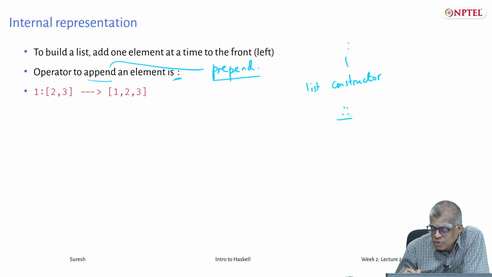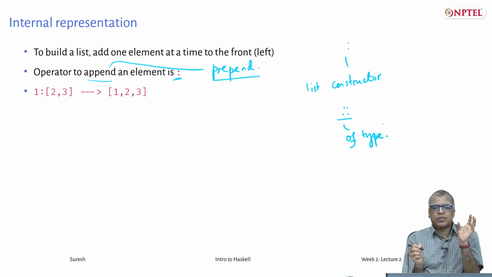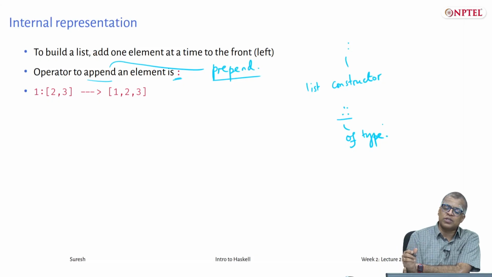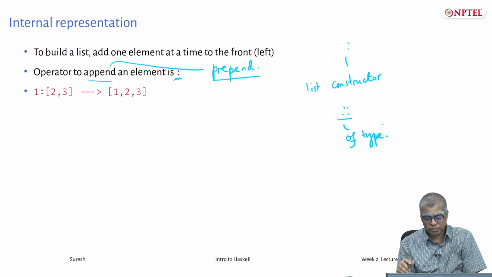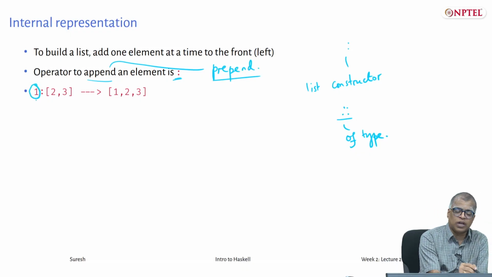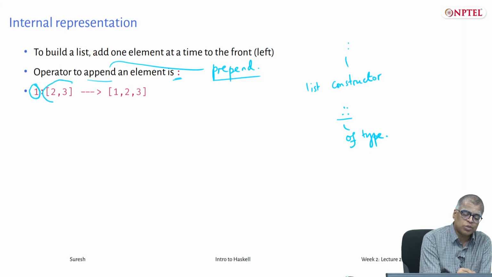Double colon is to say "of type". So when you want to say that an expression is of some type, you put double colons. If you put a single colon, it means that you are trying to construct a list. When you construct a list, the left argument of this colon has to be an element and the right argument has to be a list.